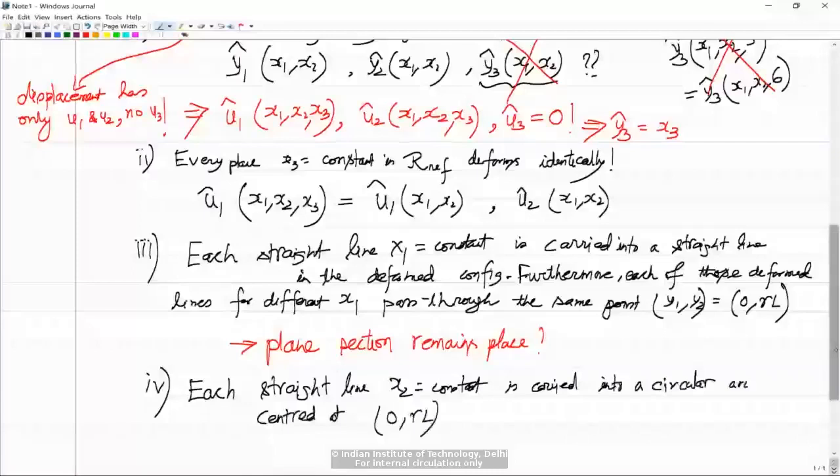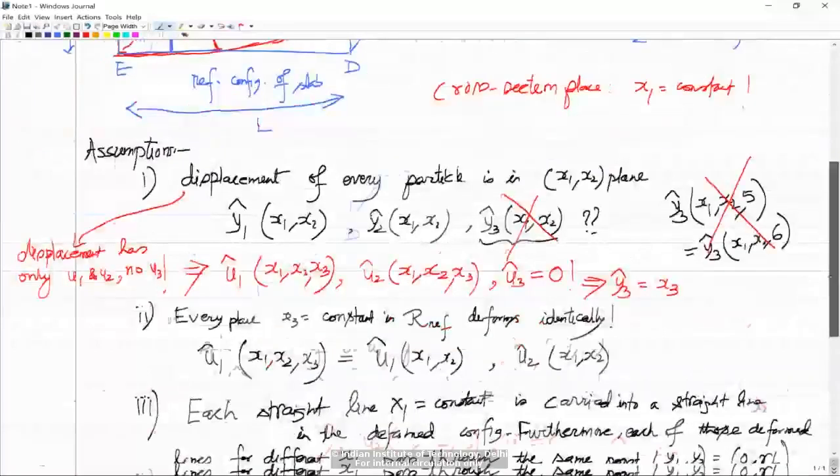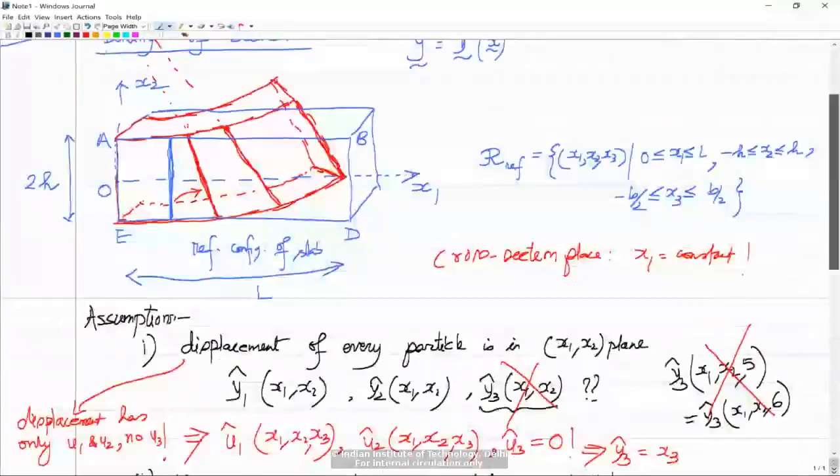So what is that line x2 equal to constant? Can you identify one such line?